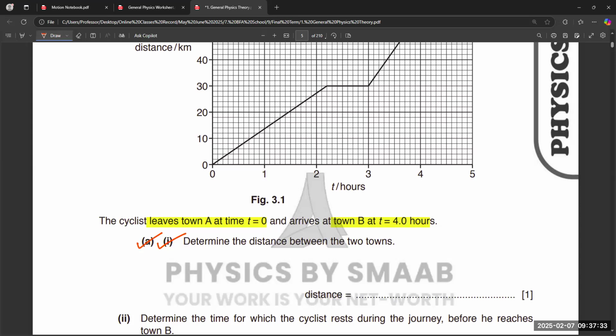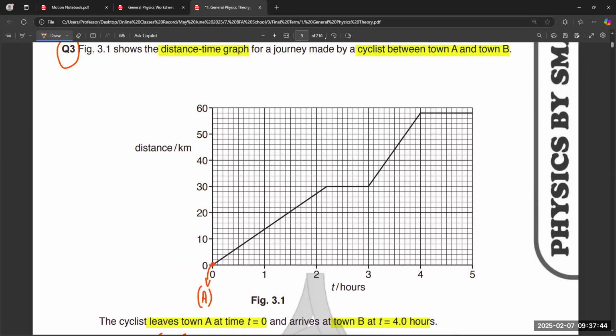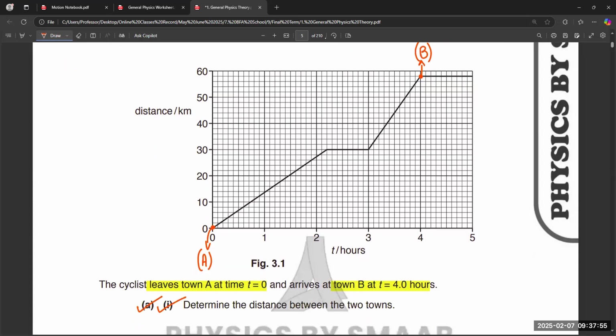So this is the position for town A, and town B is at 4 hours. This is town B. Now we need to find the distance between the two towns.